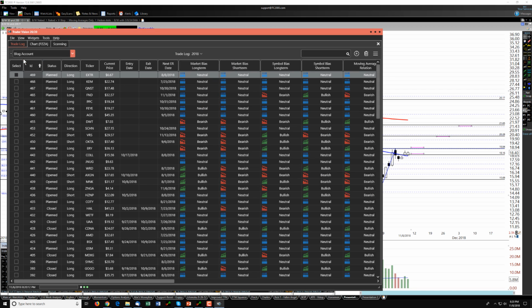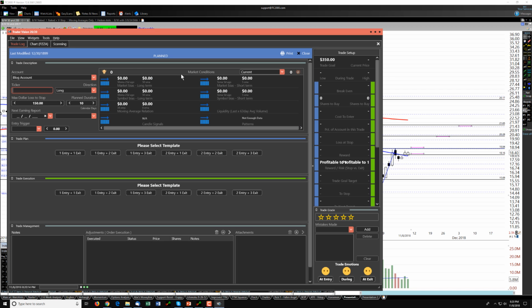And let's play that on. This one's a little bit better. We got 4 bullish and just 2 bearish on that. Of course, the market and symbol bias is not flipped over.